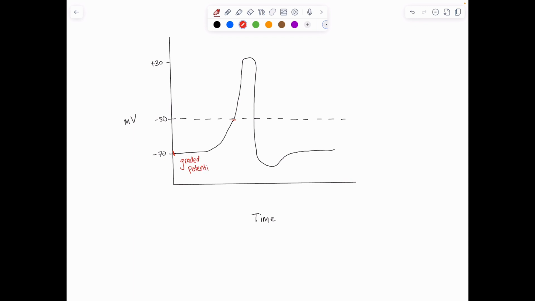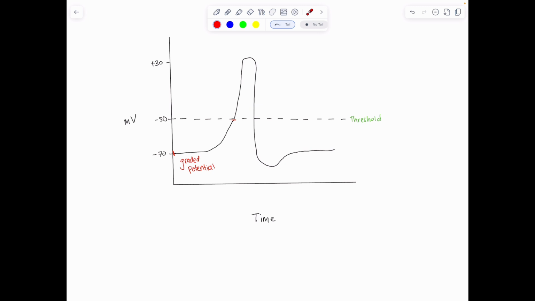A graded potential is when a stimulus is still happening inside, but it's not strong enough to hit this negative 50, which is our threshold. Once we hit this negative 50, this is when the action potential takes place, and that's when we get the action potential right there.